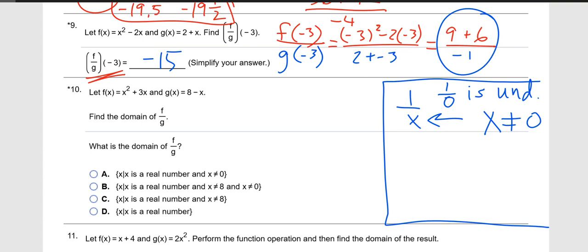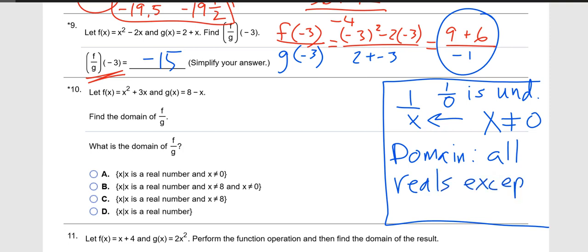Now, so we might say something like this for the domain. All reals except x equals 0.